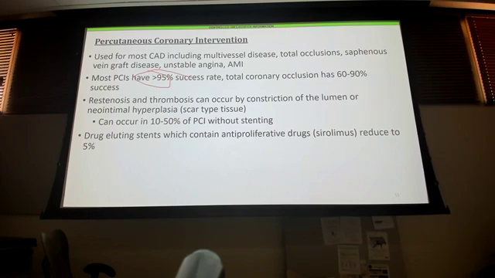And we also talked about in our last lecture the difference between a bare metal stent and a drug-eluting stent. With that drug-eluting stent, it has a medication that reduces the development of cells that kind of wall off that foreign body so that it stays open for a longer period of time. Okay? So it reduces that restenosis rate long term.